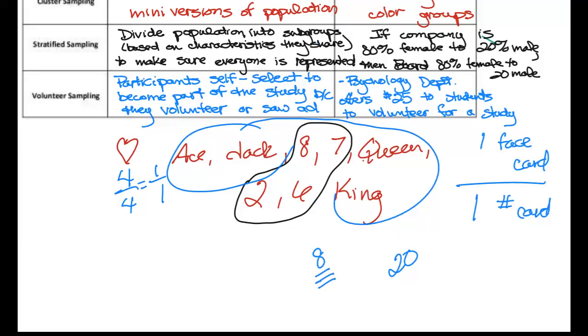Do you think that was random? Or do you think they maybe looked at the card and said, ooh, I want this card? Do you think it was unbiased? If we got 8 out of the 20 cards were hearts. What do you think?